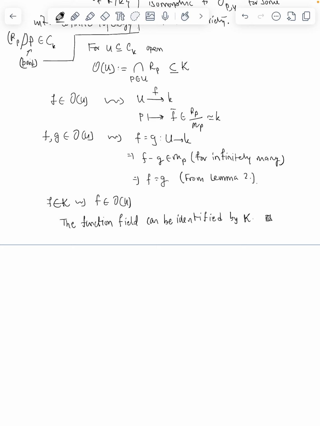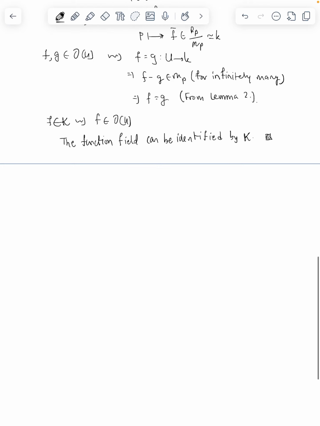Okay. Now let's come to the definition of an abstract non-singular curve.